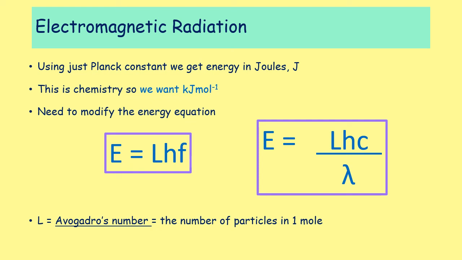In the way we would say a grand means 1,000, a mole means 6.02 times 10 to the 23. And that again is found alongside the Planck constant and the speed of light in your data booklet on the back page.